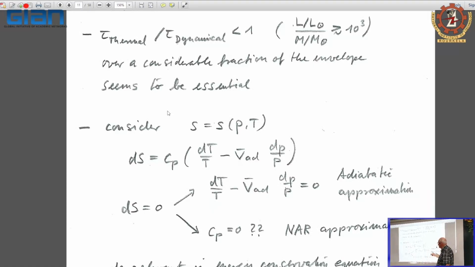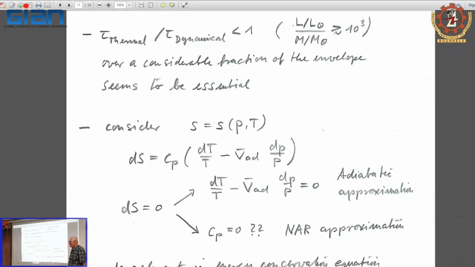Adiabatic changes of state are characterized by dT over T being equal to nabla adiabatic times dP over P. So the vanishing of this bracket corresponds to the adiabatic approximation, and ds can be made 0 by requiring this bracketed term to be 0.